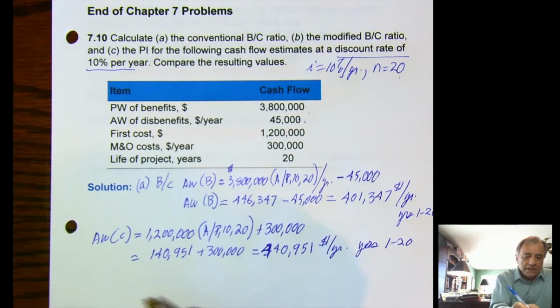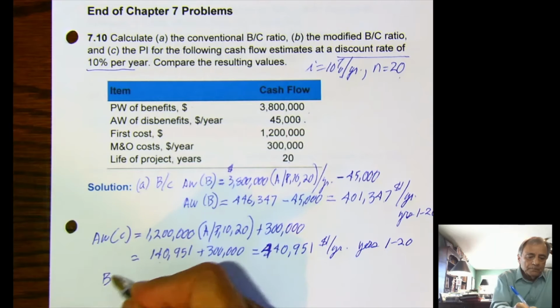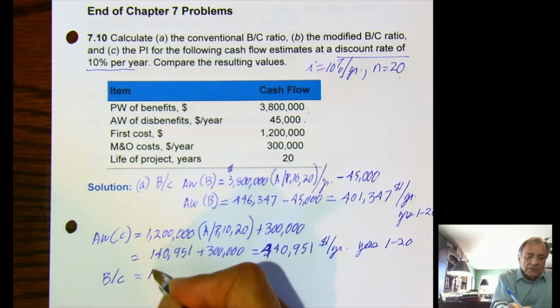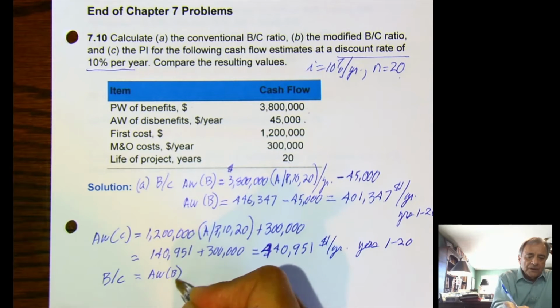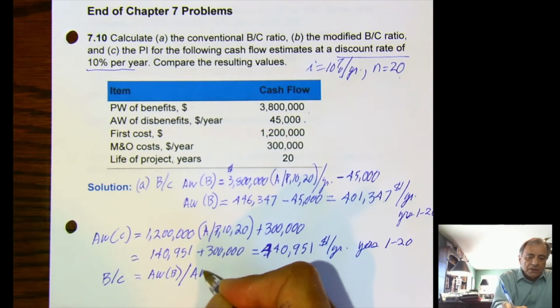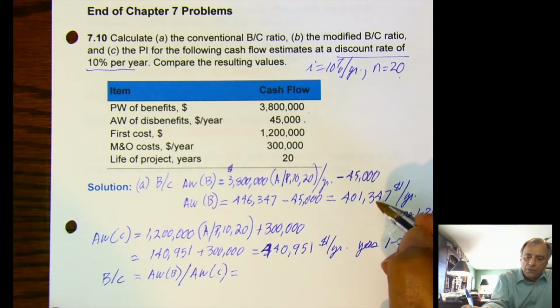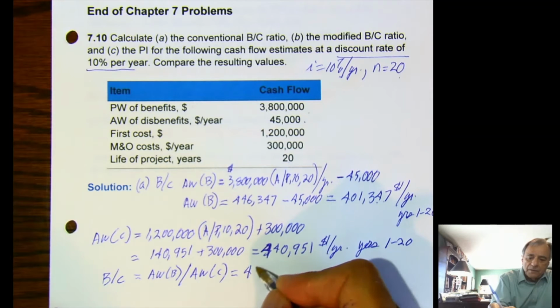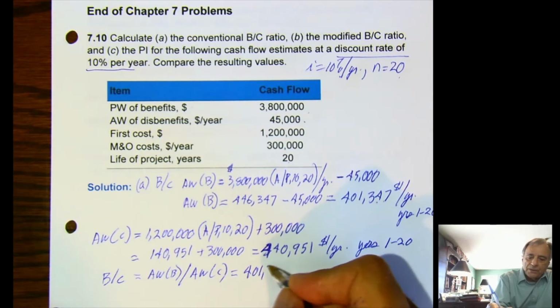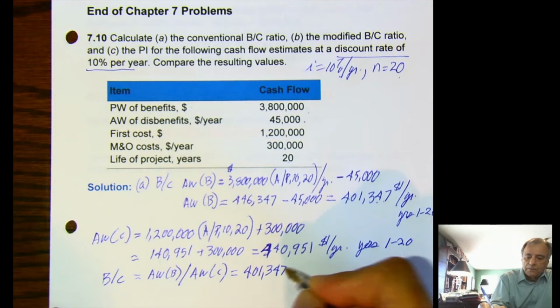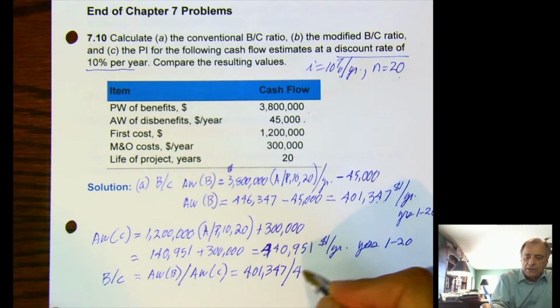So the BC is actually the annual worth of the benefits divided by the annual worth of the cost, which is equal to 401,347 divided by 440,951.